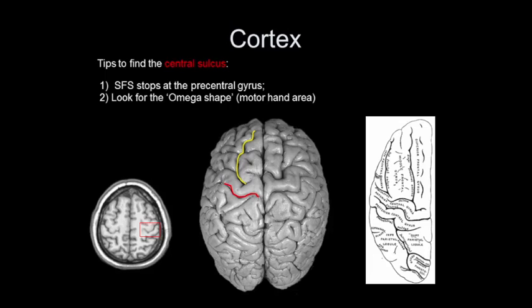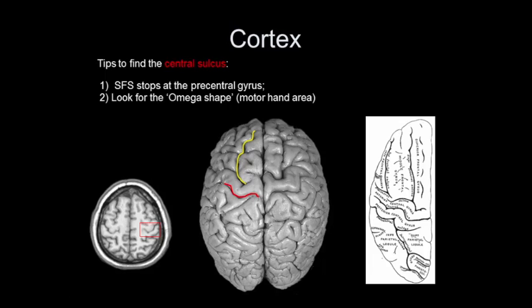When you look at the MR images, you typically don't have these 3D views, so you actually look at slices. A way to identify the central sulcus is to navigate until you actually see this omega shape. Some people for some reason have an epsilon. It has to be a Greek letter, but most people have an omega, and when you identify that omega, you know that that's the central sulcus.